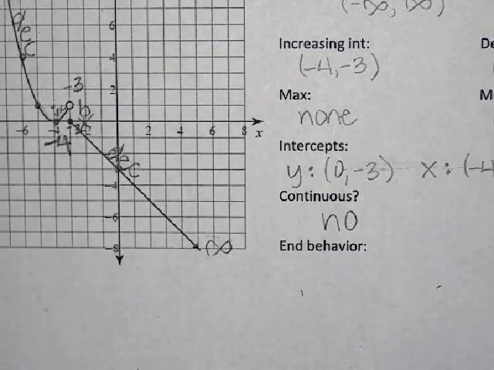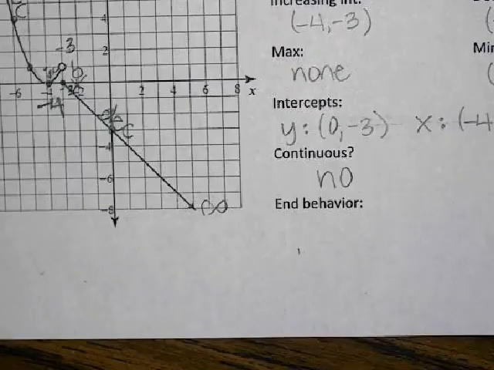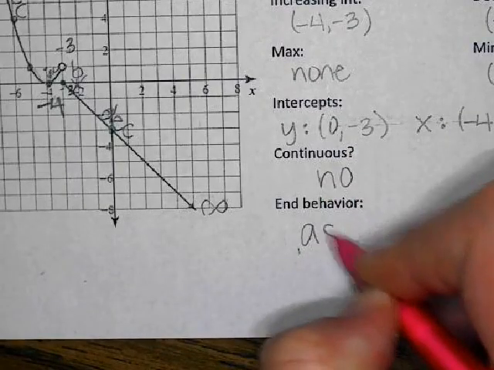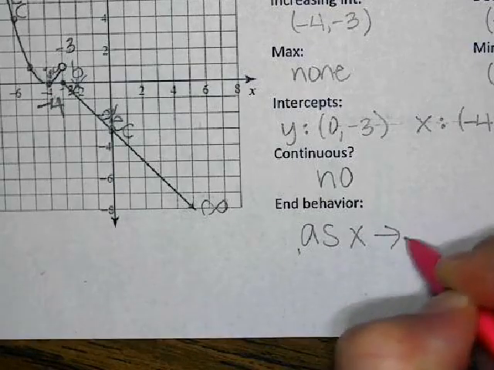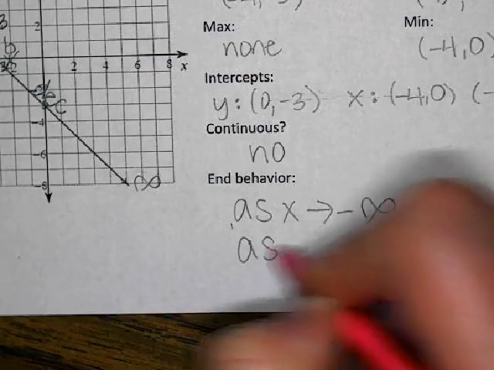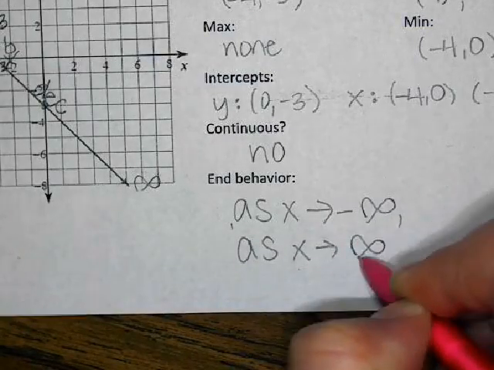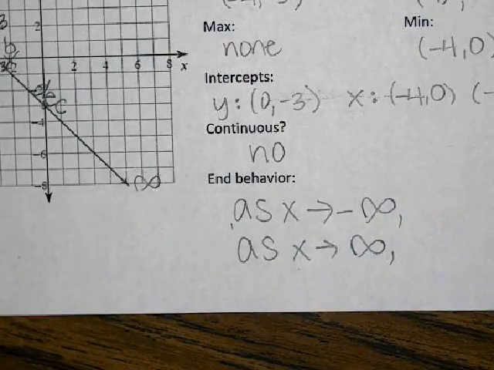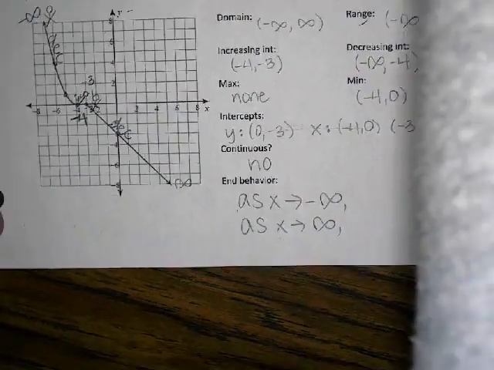All right, end behavior, we have to describe our arrows. So I'm going to say as x goes to negative infinity, that's me talking about my left arrow. As x goes to positive infinity, that's me talking about my right arrow. What is the left arrow doing? It goes up.